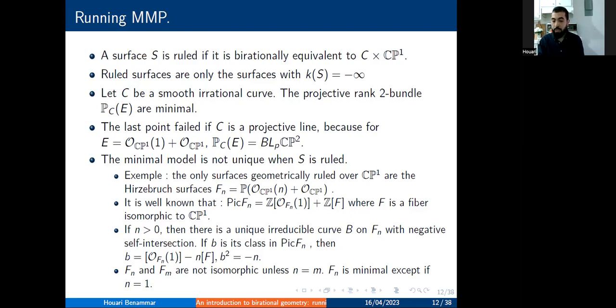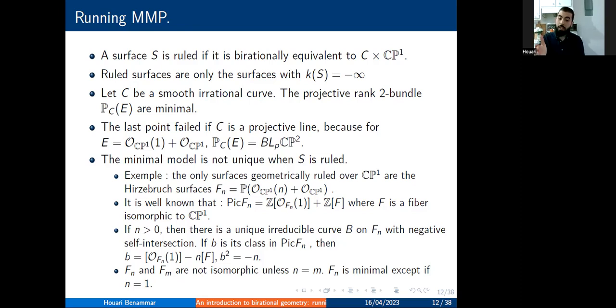So if B is the class of this irreducible curve in the Picard group, the self-intersection of this curve is -n. For example, if we take the projectivization of O(1) plus the trivial bundle, there always exists a unique irreducible curve with self-intersection equal to -1.